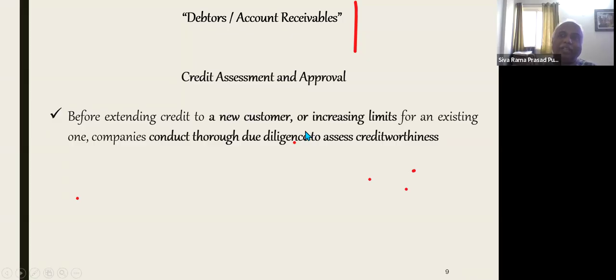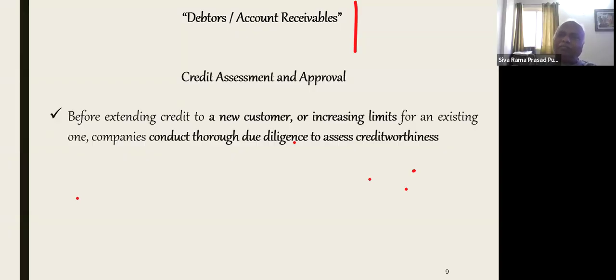Today, the company, on account of a liquidity problem, is unable to pay the financial creditor. At the same time, if the loans taken from the corporate debtor are not being paid by a particular person, this is a problem to the company. So that's why credit assessment and approval is also part of the credit assessment.